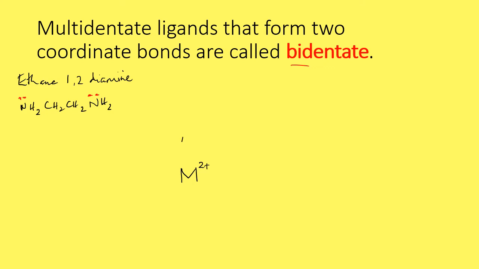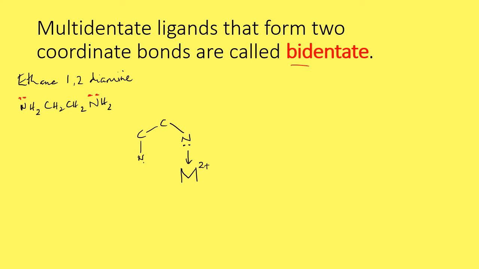You would have your nitrogen with the lone pair here, making that coordinate bond with the metal ion. That's bonded not in a straight line, but in a bent shape. And this is going back into the page.